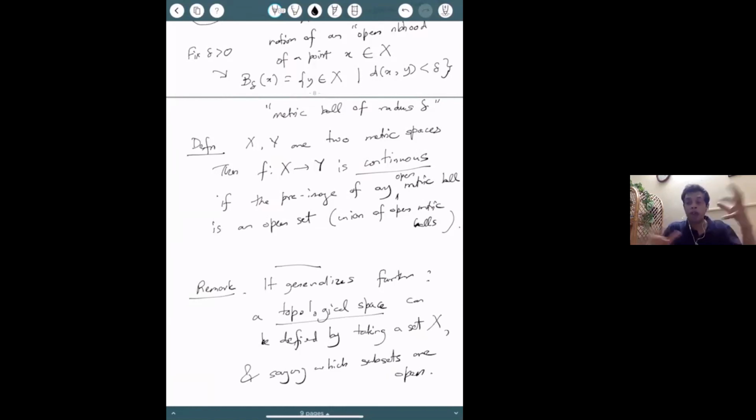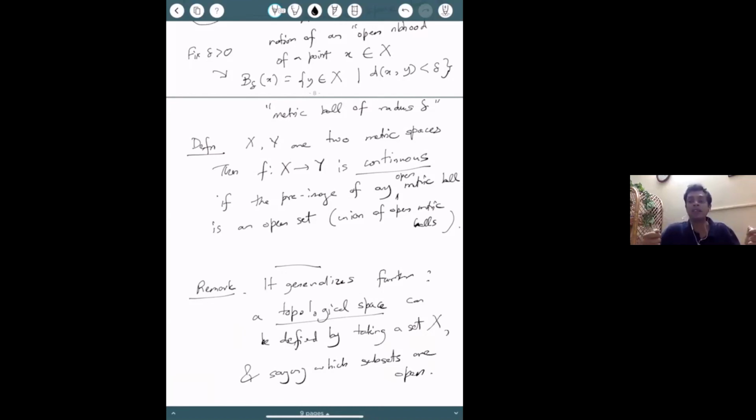Of course, you have to have some properties, some sort of compatibility. If you take a union of open sets, it has to be open, and each point has to be contained in an open set. So under some axioms, you can define your notion of what the opens are.